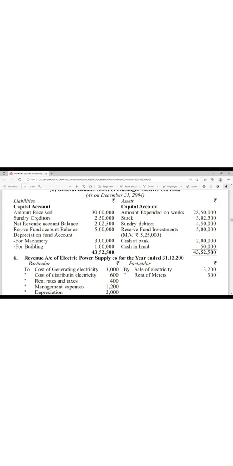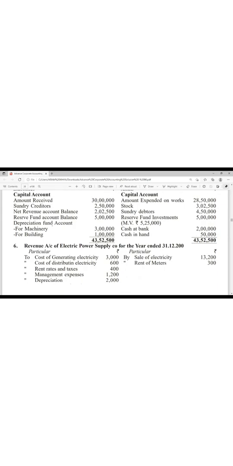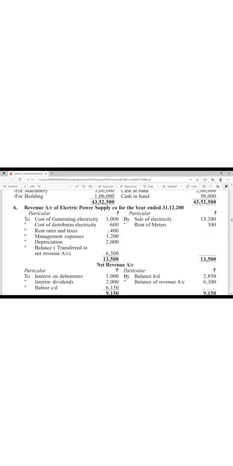Here, in our revenue account: Revenue account of Electric Power Supply Company for the year ended 31st of December 2000.